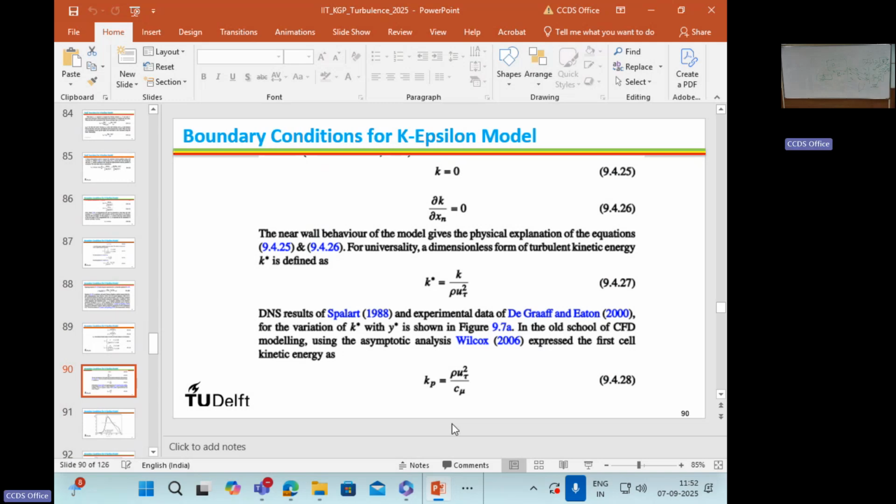So in the high Reynolds number approach, one important thing: the CFD solver does not solve the velocity profile directly from the boundary. What does it mean? Suppose this is a pipe flow condition. I generated the mesh.